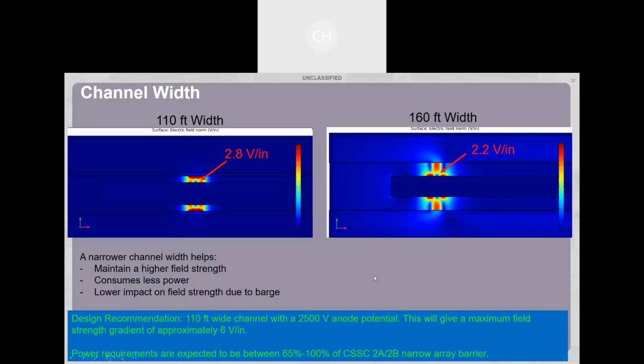This 6 volts per inch actually comes from the new barriers that Romeoville is building. They've decided that this is the better target value to really prevent those smaller fish from getting through. It's a better value than the 2.5-ish that they have now.